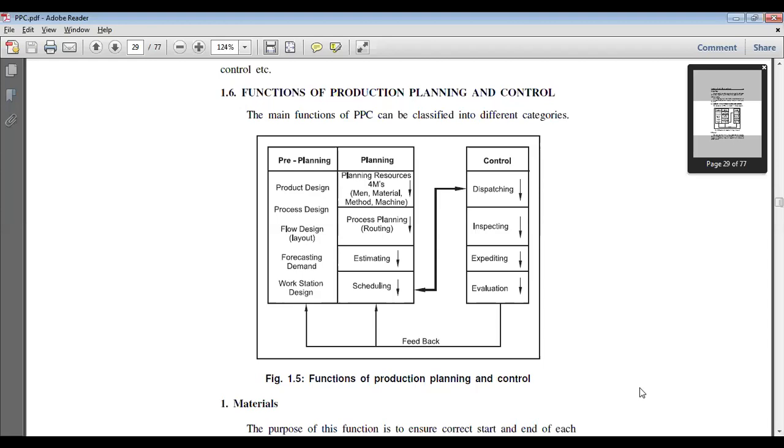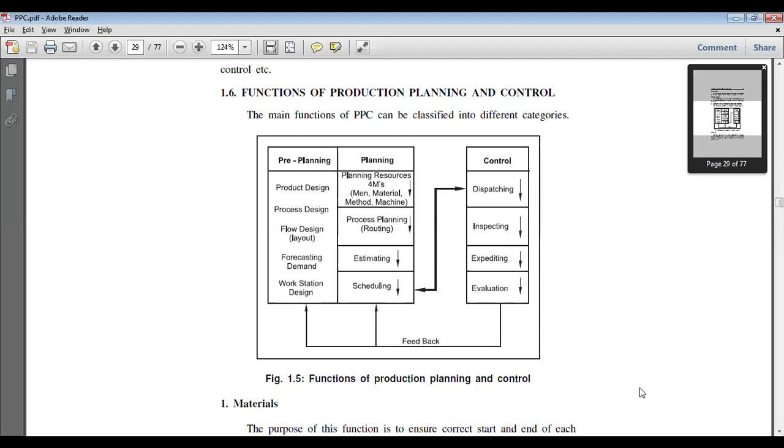So this is scheduling. Then once this complete planning is done, execution is done, and the scheduling part is done, then the whole manufacturing takes place. After the planning, we have to take care of the manufacturing.